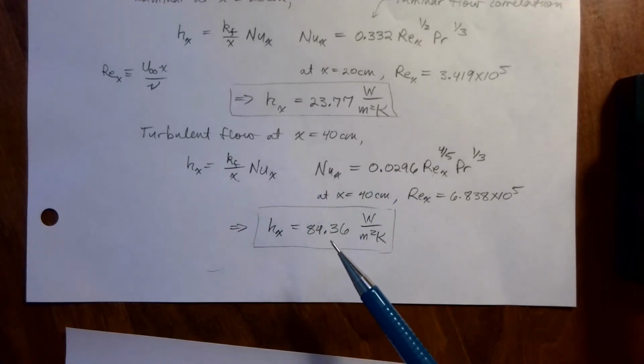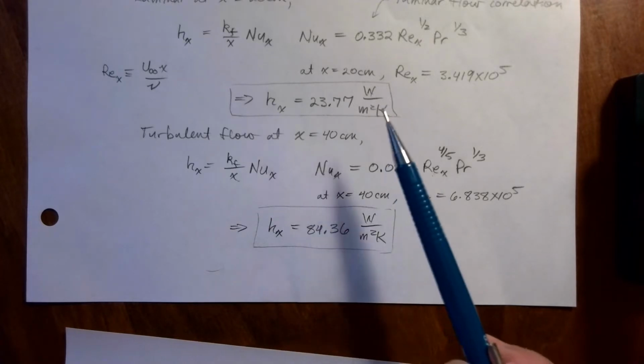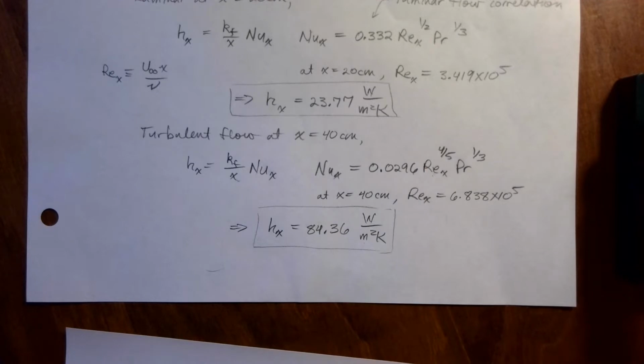So if you're far enough from the leading edge, even in the turbulent region, you might end up with an H low enough to be comparable to the laminar case. But this is what we would expect for moderate values of X, that for the turbulent case, H is larger than for the laminar case.